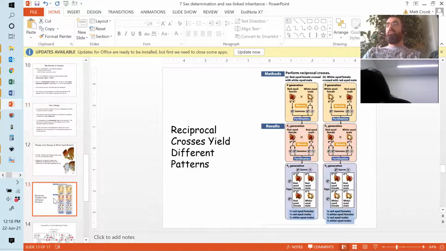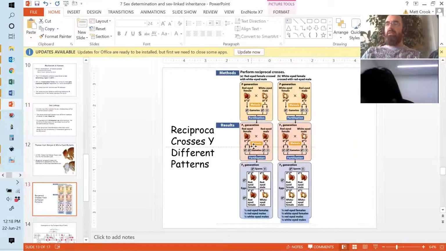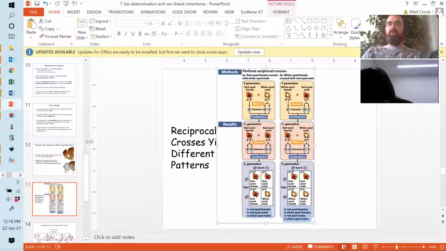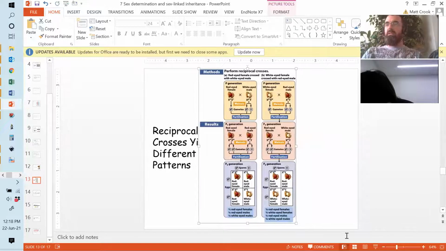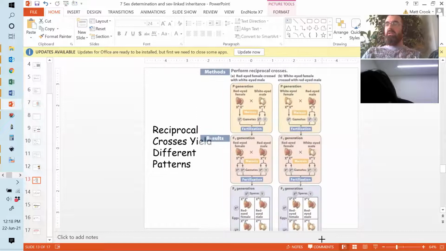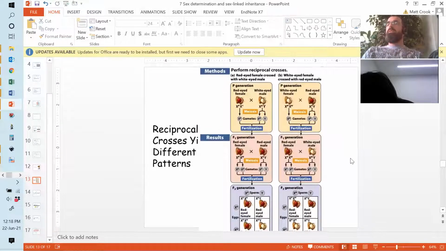One, and I'm gonna blow this up a bit because this is teeny tiny, it causes what are called non-reciprocal crosses.